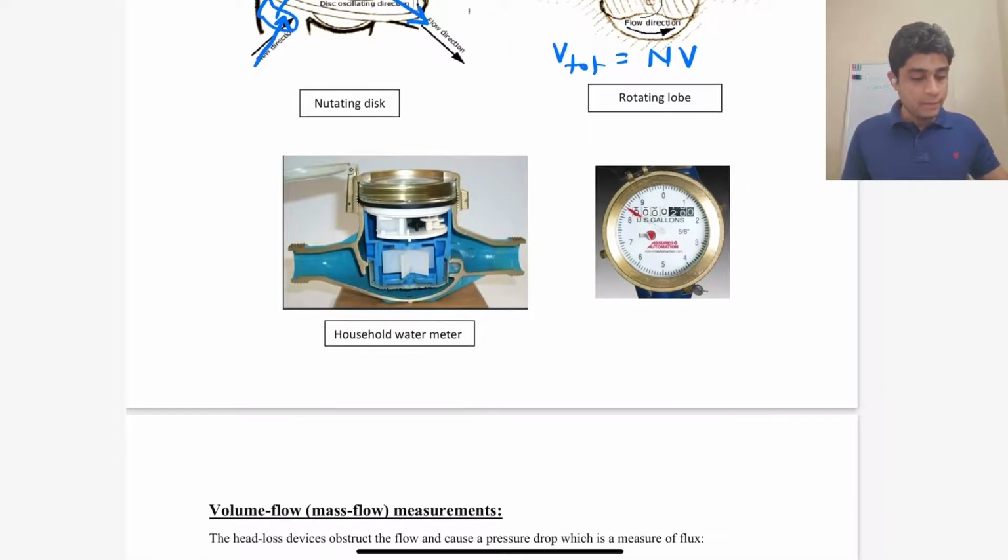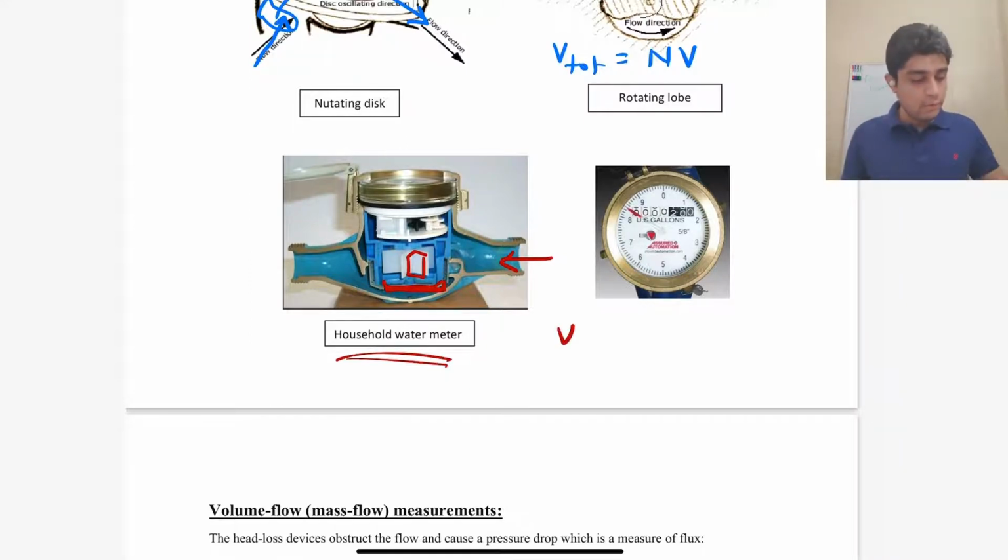And a similar principle is also applicable to your household water meters. So let's say the water comes in from this side, and then there is this notched gear in the middle with different sections, and each section here is associated with a volume, let's say V again.